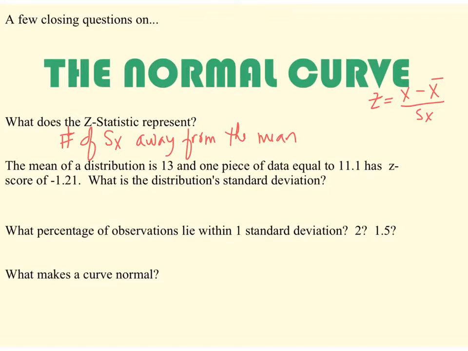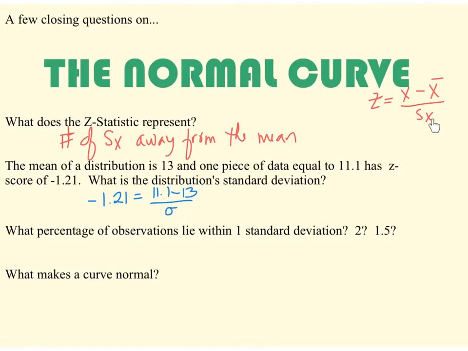Okay, the mean of a distribution is 13, and one piece of data that's equal to 11.1 has a z-score of negative 1.21. What is the distribution's deviation? In this case, it's kind of a backwards thing. We're given a score, a mean, and we don't know the deviation, but we do know z. So we could set this up to say that the z statistic, negative 1.21, is equal to 11.1 minus 13 divided by whatever the deviation is. I'm going to use the Greek letter sigma just so we can show that these formulas represent slightly different things.